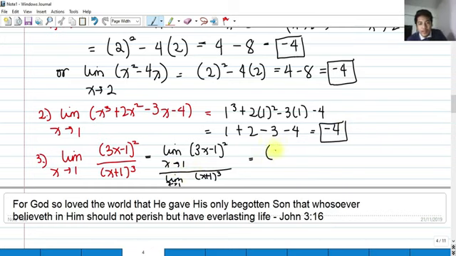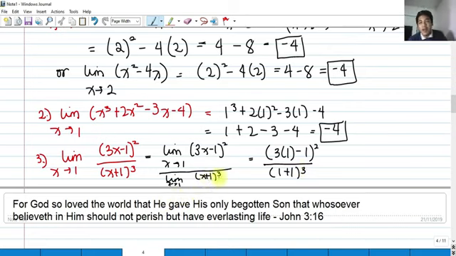So we have 3 times 1 minus 1, squared, and the same for the values here, for 1. We can simply substitute, so we have 1 plus 1, cubed.